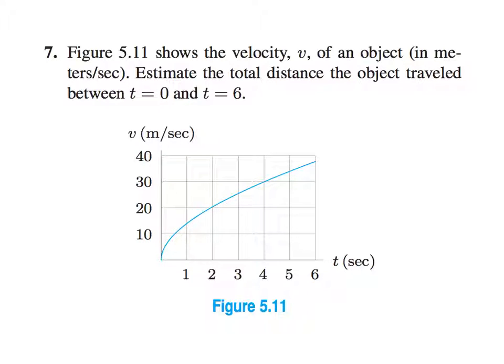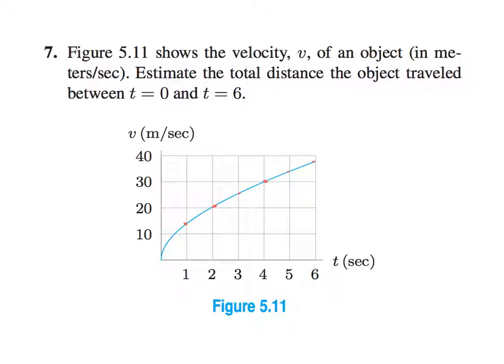So if we apply the ideas that we developed before, what we would do is now just measure the speed after 1 second, 2 seconds, 3 seconds, and so on. That would give us these points here after 1, 2, 3, 4, 5, and 6 seconds. And what we could do is just estimate the speed.